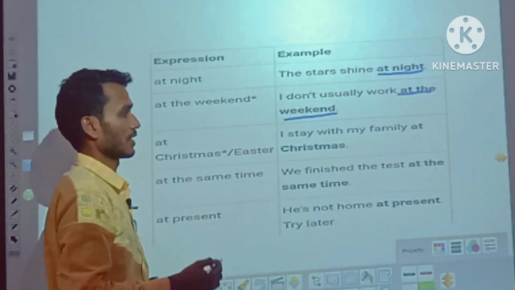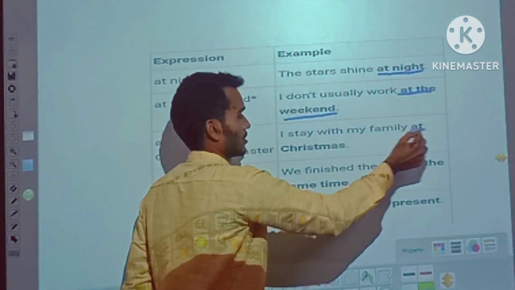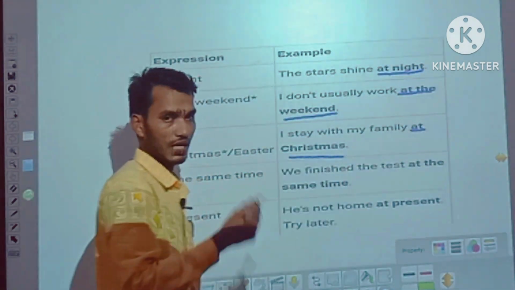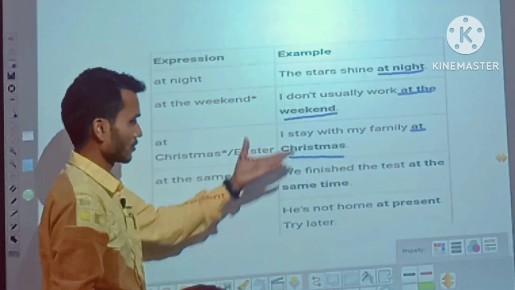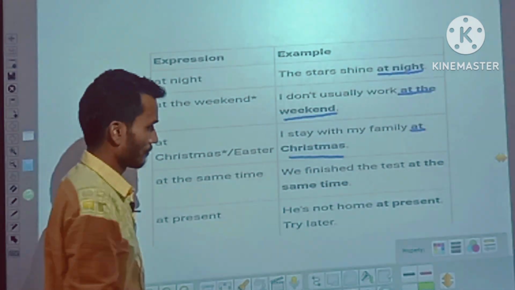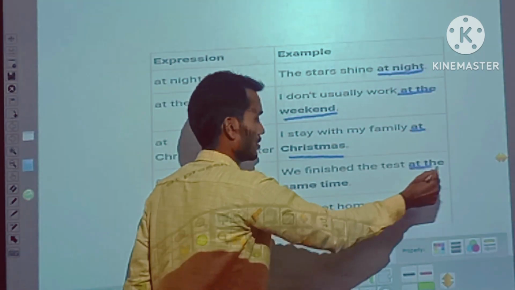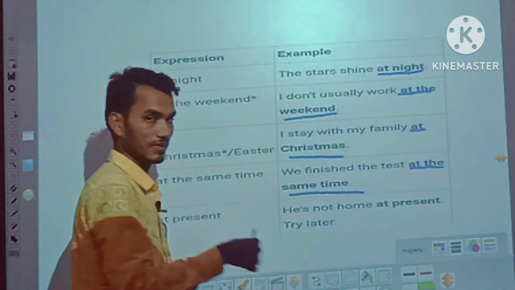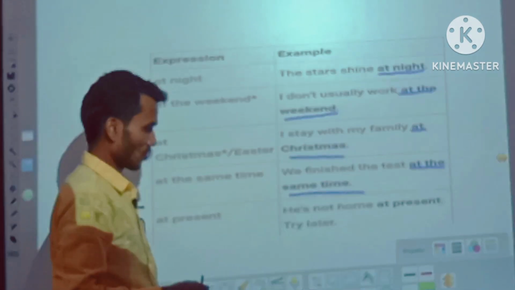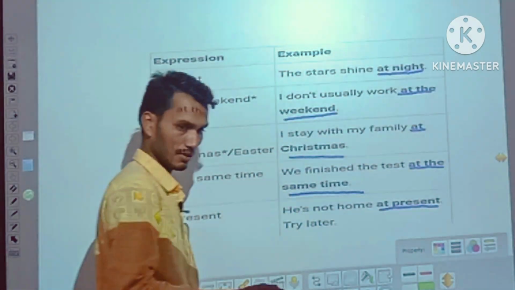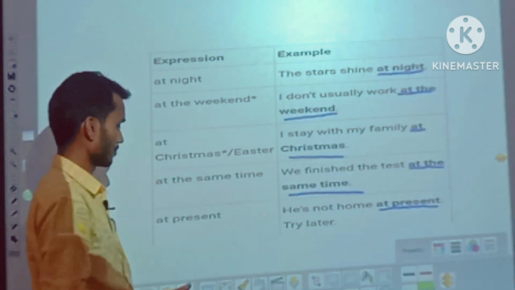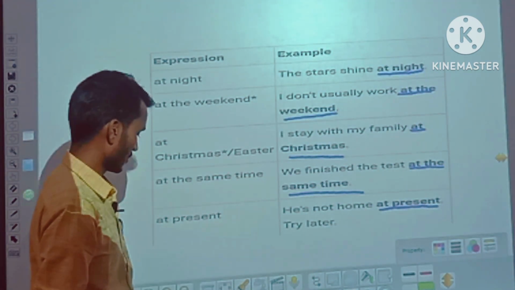I stay with my family at Christmas, precise time. When we are going to tell a precise time or precise place, we should use at. We finished the test at the same time. He is not home at present. Present, precise time. We should use at.